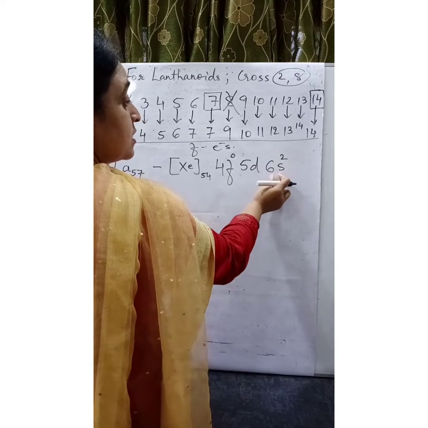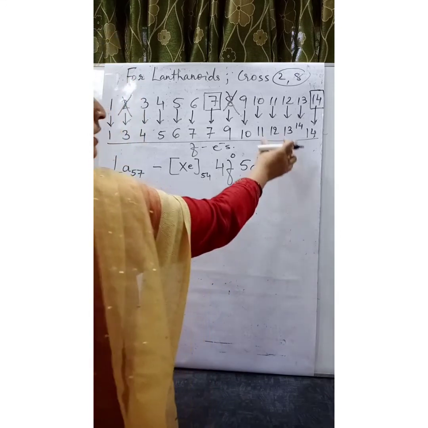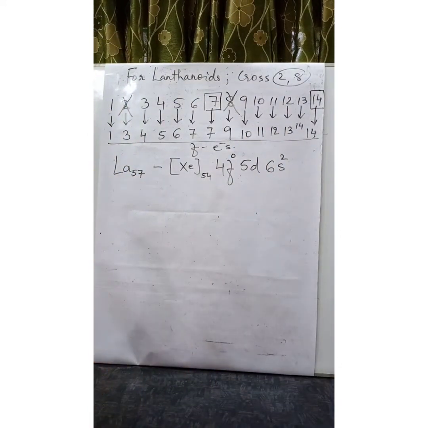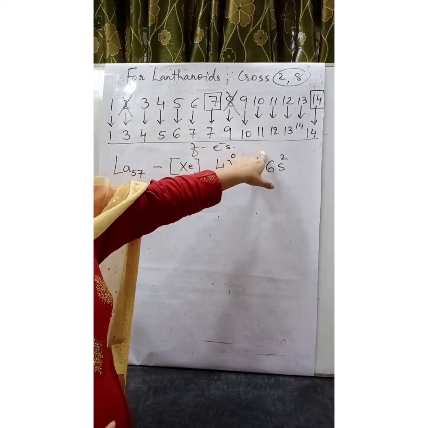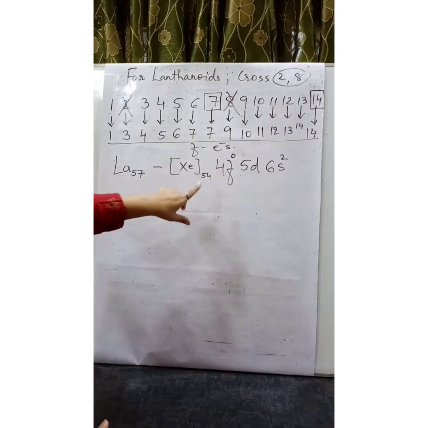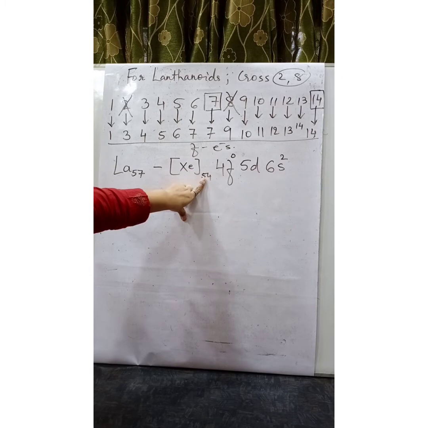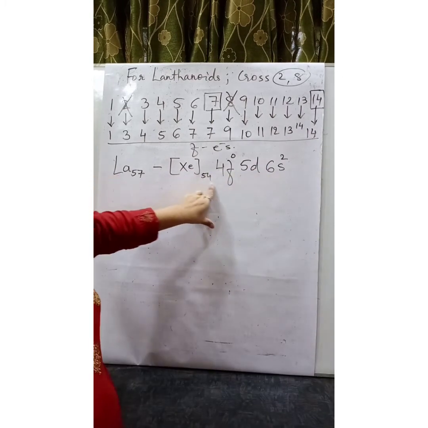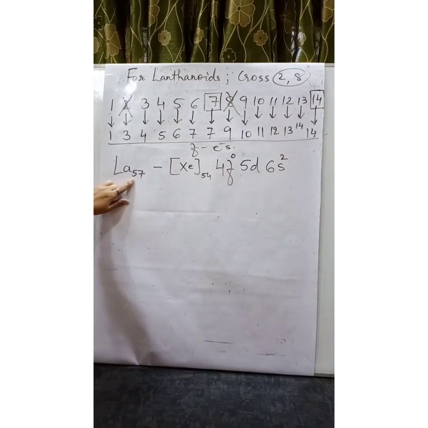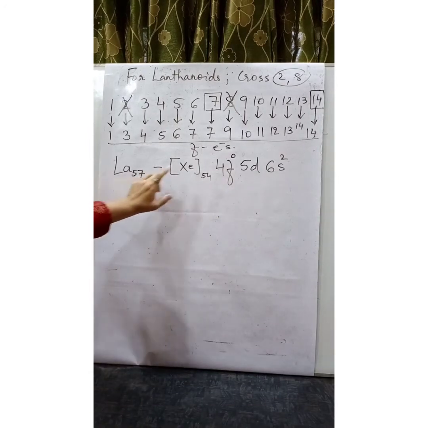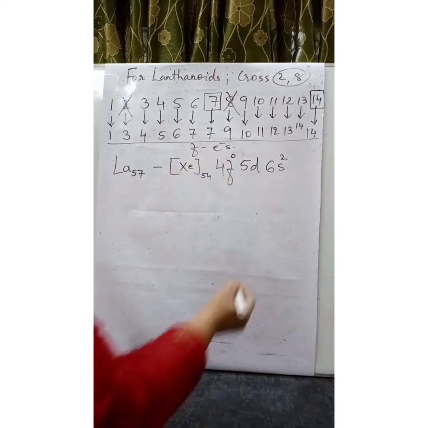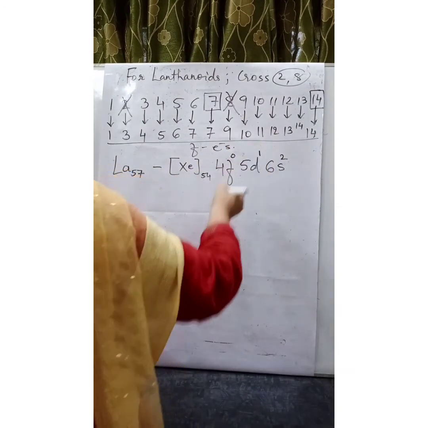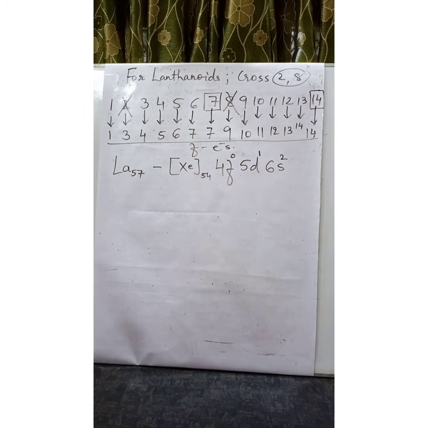The s orbital is always filled first, so it is completely filled. Is there any electron in 5d? Calculate 54 plus 2, 56 electrons are already occupied. The atomic number of lanthanum is 57, so 57 minus 56 gives 1. That means 1 electron is filled in the d orbital.